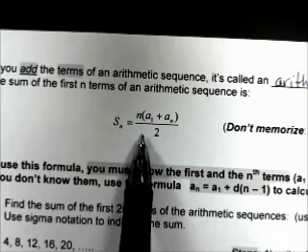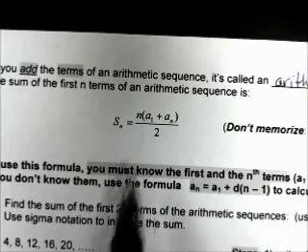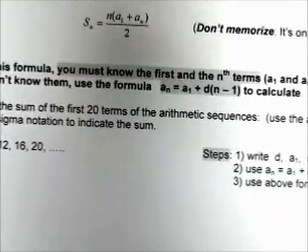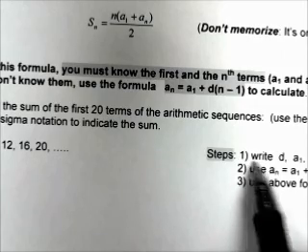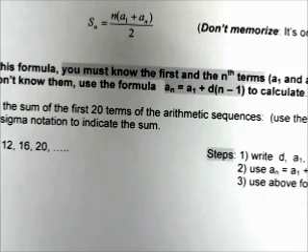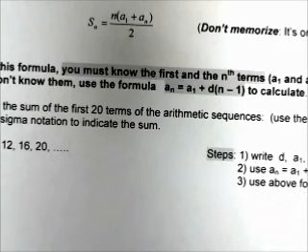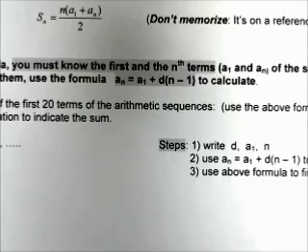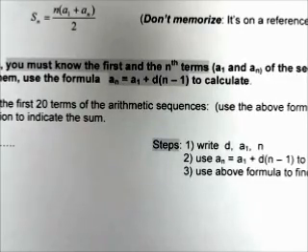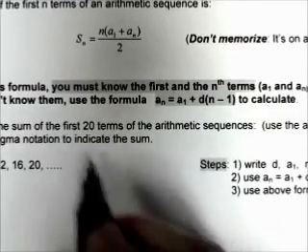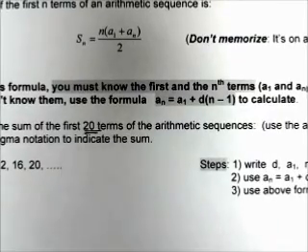And then we're also using sigma notation to indicate the sum. All right, so our steps: we want to write what d, a1, and n are. Use a sub n equals a1 plus d times n minus 1 to find a sub n. And then use the above formula for S sub n. And we're finding the first 20 terms.